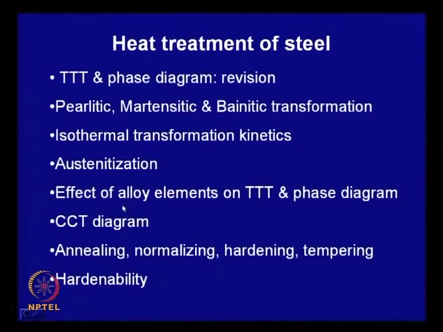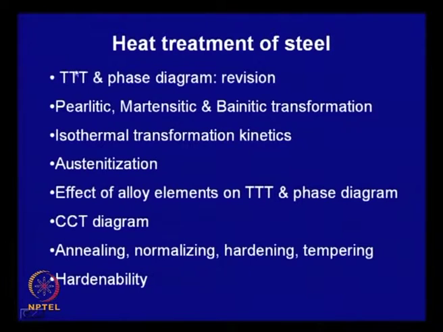We will also look at the effect of alloy elements on the time temperature transformation diagram and phase diagram. This is called the time temperature transformation diagram, and these are drawn under isothermal conditions.